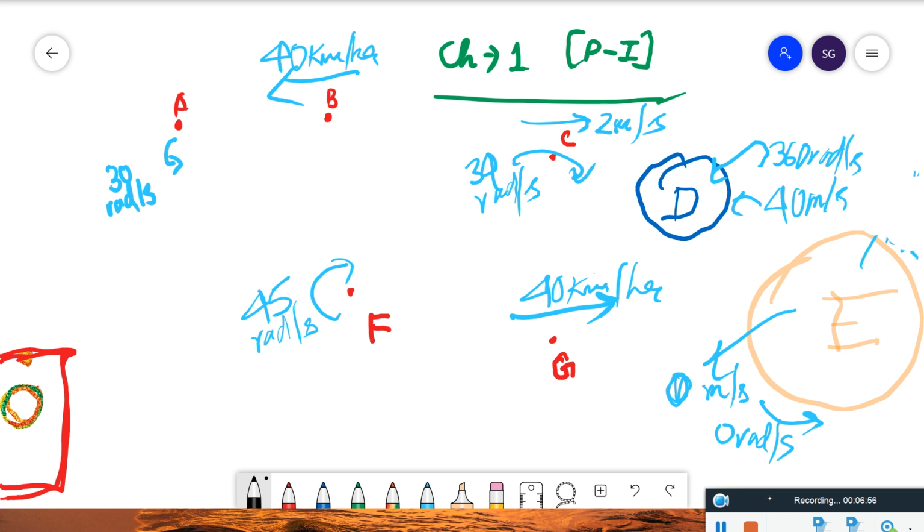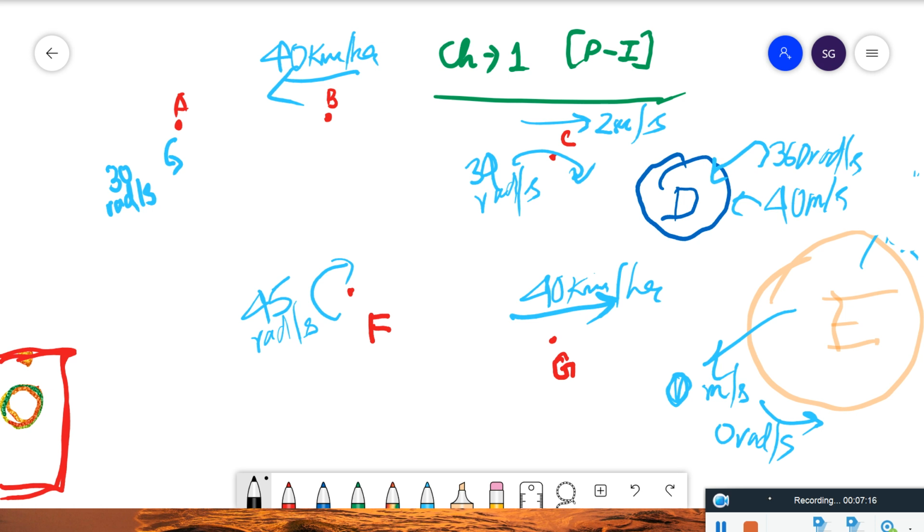D is having an angular velocity of 360 radian per second and a linear velocity of 40 meter per second, whereas object E is at rest, 0 meter per second and 0 radian per second. Object G is moving towards right at 40 kilometer per hour, and F is rotating clockwise with 45 radian per second.